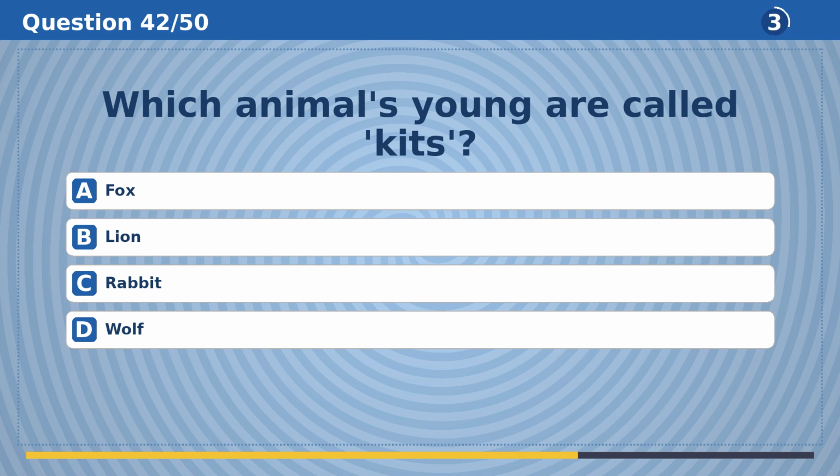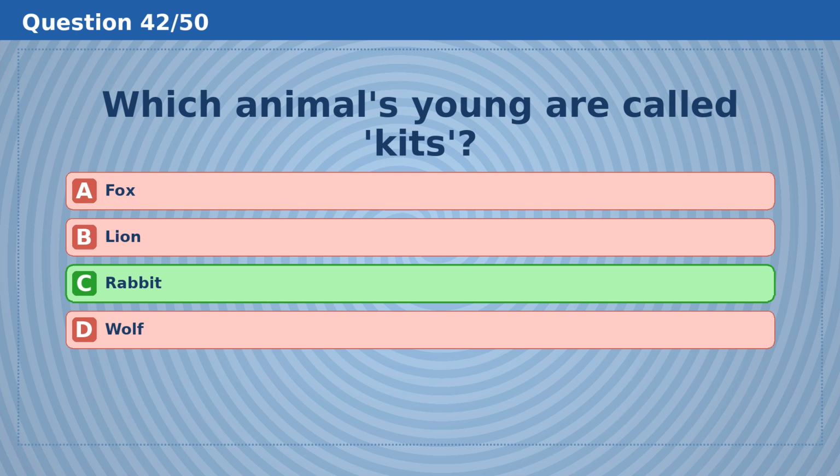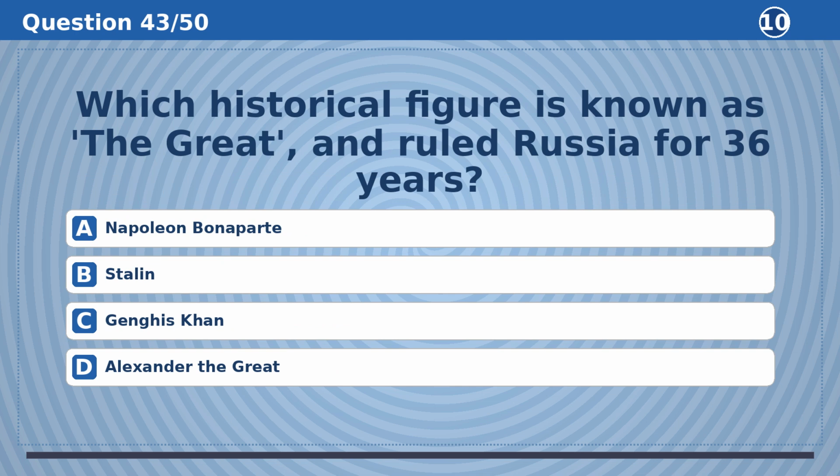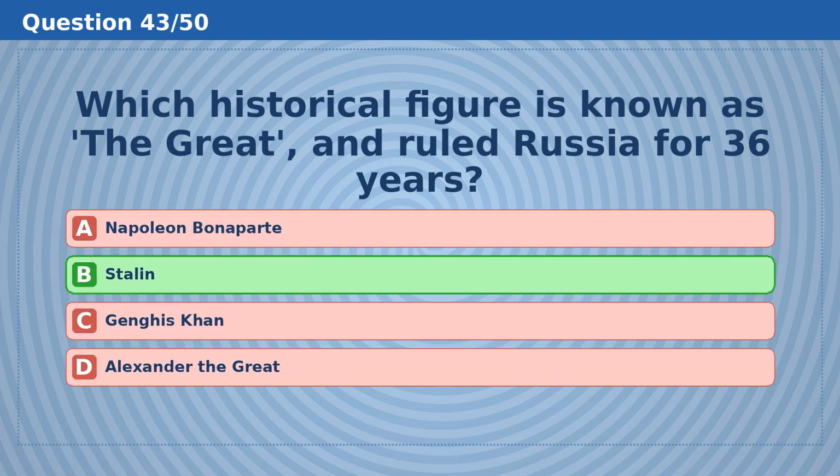Which animal's young are called kits? The answer is C. Rabbit. Which historical figure is known as the Great and ruled Russia for 36 years?